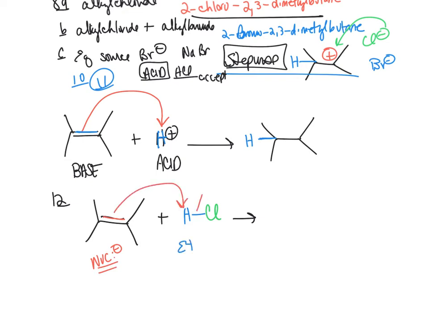And those electrons then are given to the chlorine. And you make your more stable carbocation. So H will add, making your carbocation here, and then you generate a nucleophile. This is step 1.